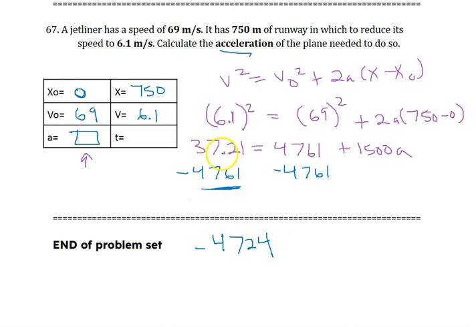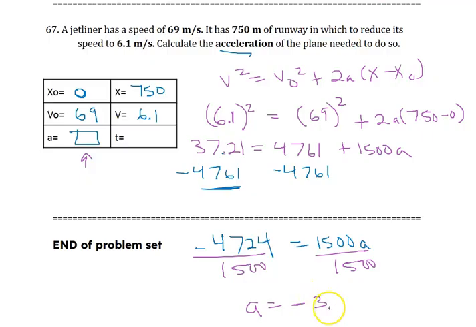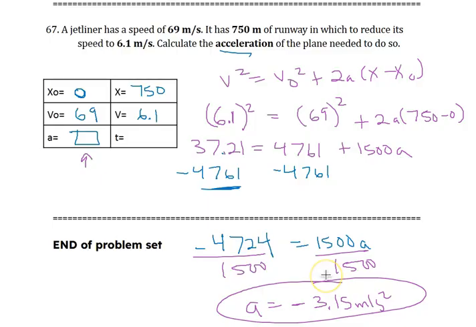The numbers I didn't line up well, but this is 4,000 something minus 37. Equals 1500 A, and then divide both sides by 1500, and you get a negative acceleration, because it is slowing down going forward, of 3.